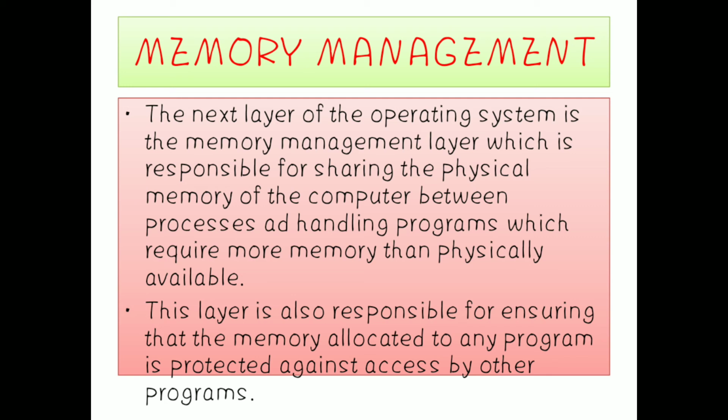Okay, that means it will be providing more memory when compared to the memory that is available in the computer system. Okay children. So this layer is also responsible for ensuring that the memory allocated to any program is protected from any other programs.